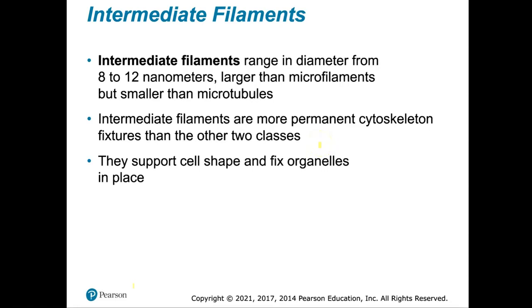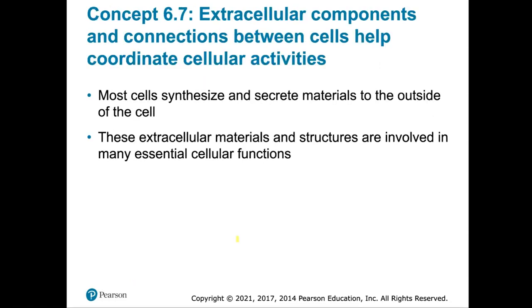So they tend to be permanent and stuck in place, rather than temporary, produced only so they can play a certain role and then be broken down. They help shape the cell and fix the organelles in place.